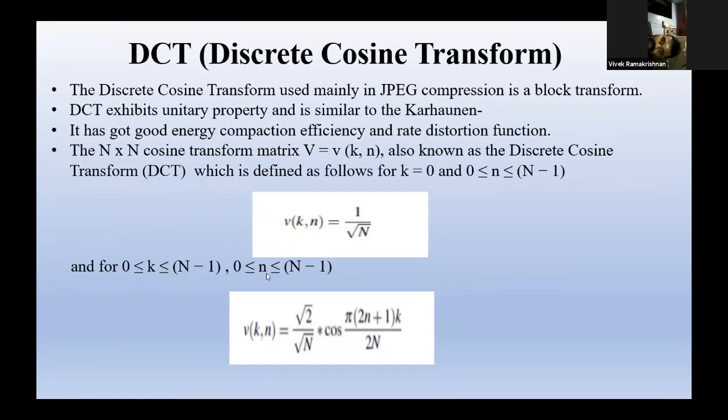So you can represent the transform matrix V(k,n) as 1 by square root of N, where it is an N by N transform matrix, for k equal to 0 and n between 0 and N minus 1. For k between 1 and N minus 1 and n between 0 and N minus 1, you can write V(k,n) as square root of 2 by root N into cos of pi (2n plus 1)k divided by 2N. So this is the expression for the transform.